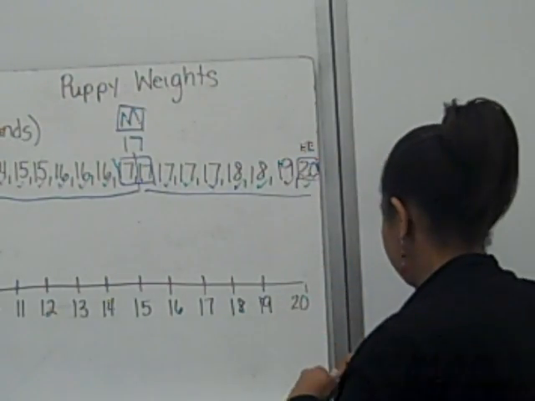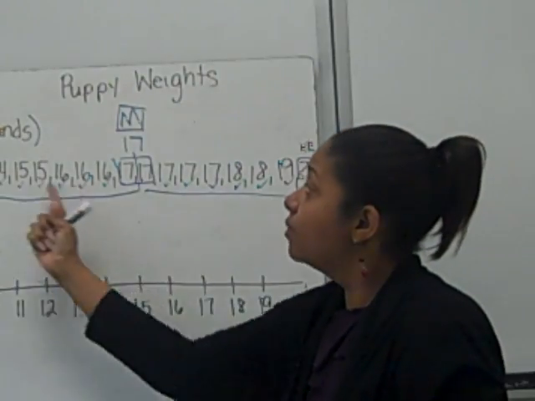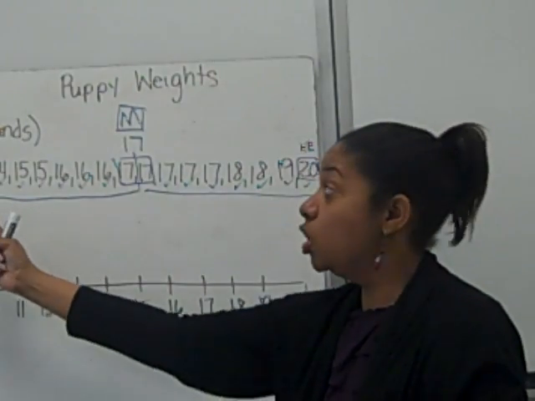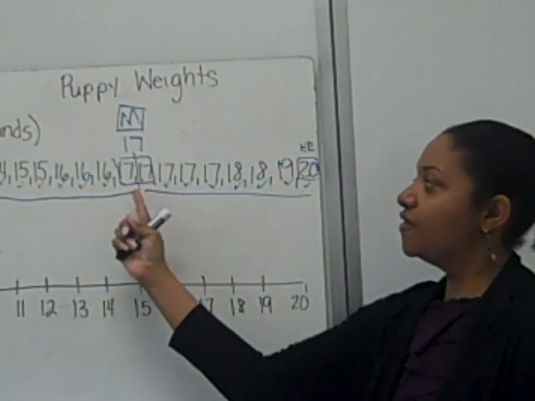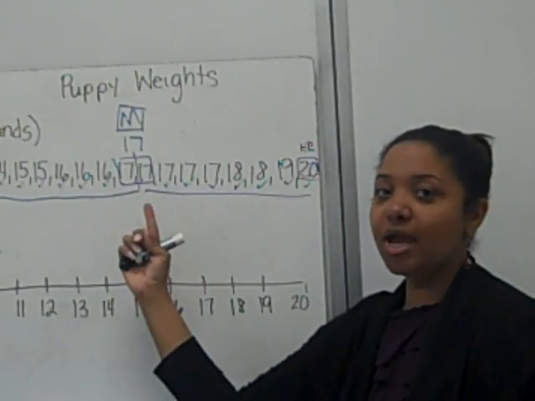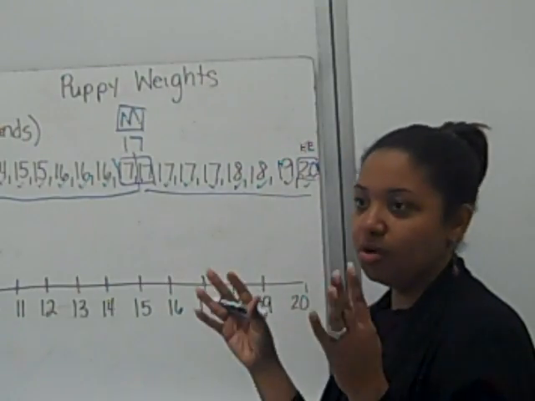So now what you have to do is find the middle number of the lower half. These are the lower half of the numbers. This is the upper half of the numbers. You have to find the middle number of the lower half. So to do that, we could do check marks again, or however you want to do it.